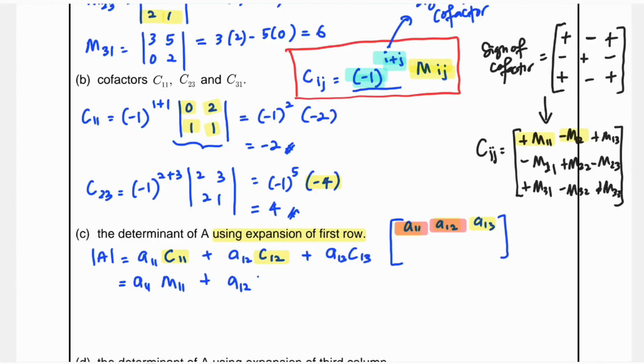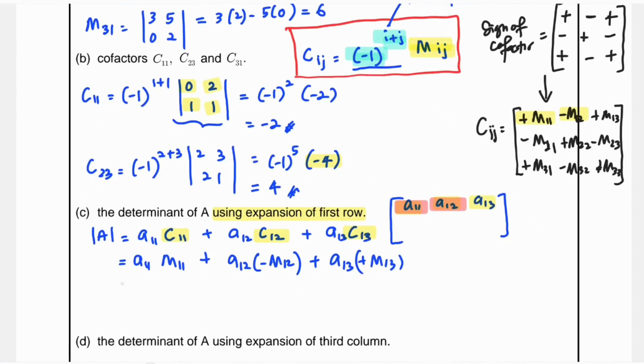Plus A13 multiplied with C13, where C13 is equal to positive M13. So that is A11 times M11, minus A12 M12, plus A13 M13.